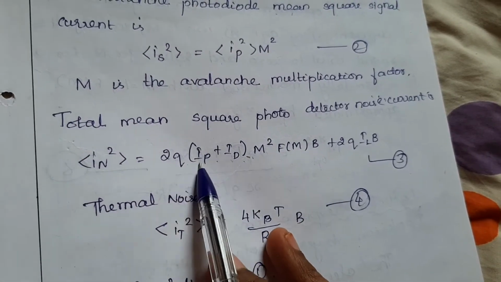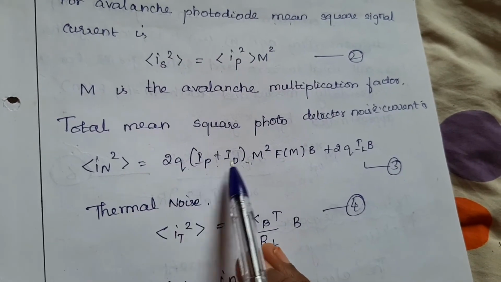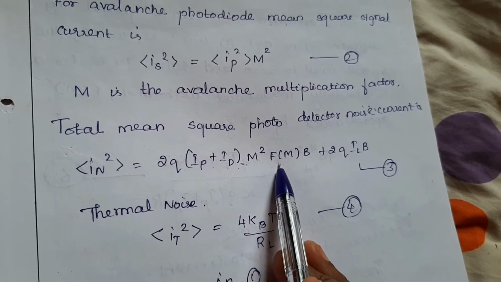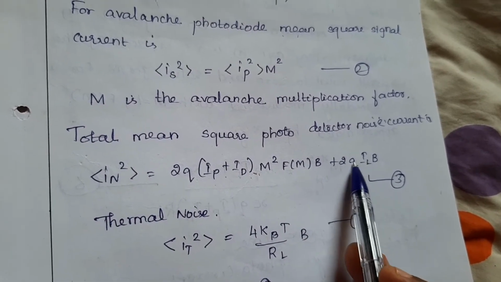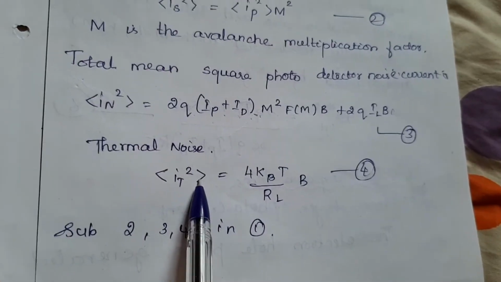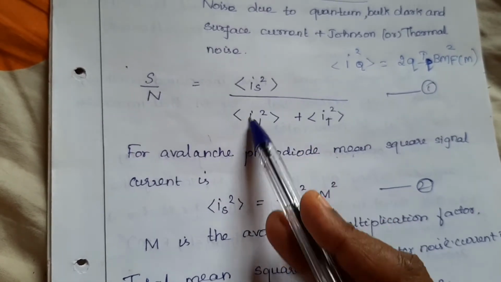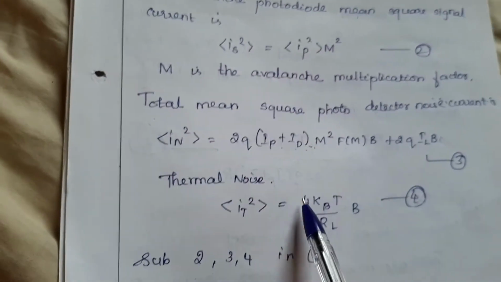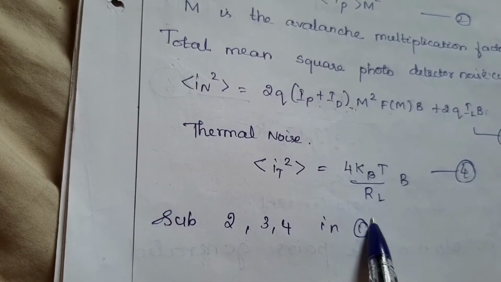So with the photo current, quantum current, we are adding the dark current also: 2q (Ip plus ID) M squared F of M B plus, and what is this current? That is the surface current, 2q IL B. And now the thermal noise current IT squared is given by 4 kb T by RL.